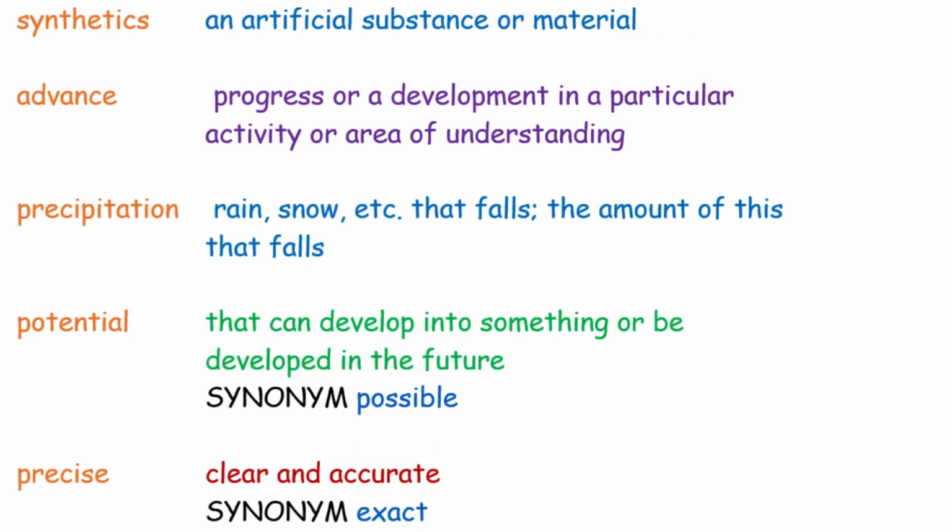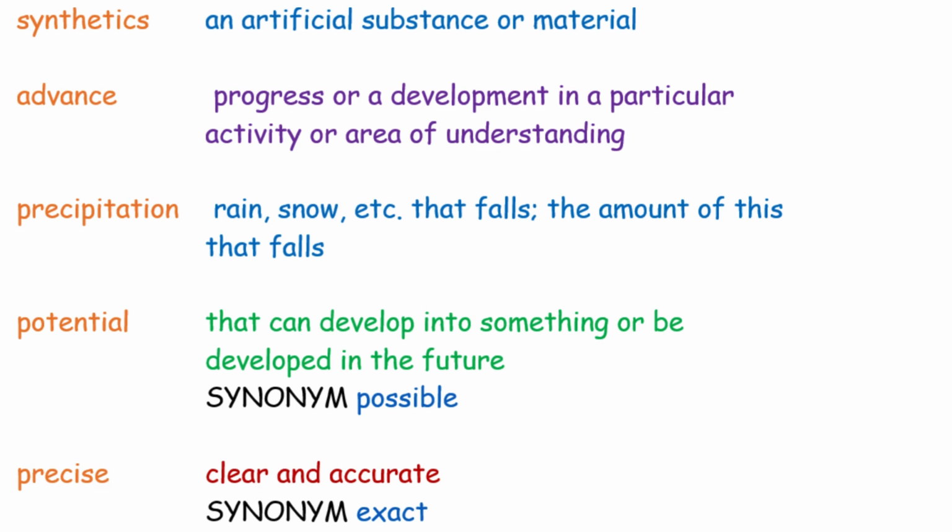Synthetic. An artificial substance or material. Advance. Progress or a development in a particular activity or area of understanding. Precipitation. Rain, snow, etc. that falls, the amount of this that falls. Potential. That can develop into something or be developed in the future.